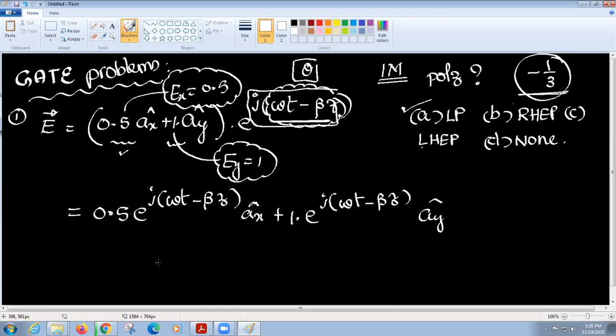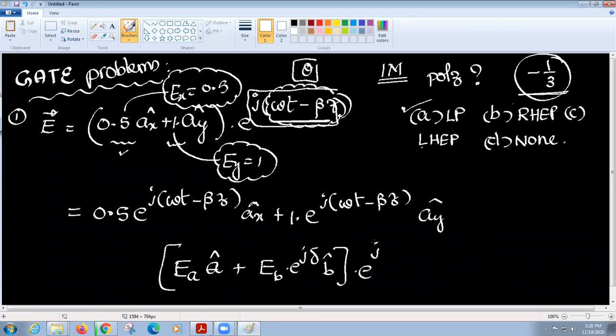You can compare with the original one, that is what you have, like Ea along a roof, plus you have Eb multiplied by e power j delta. Here you have e power j theta. This is the common phase, and you have the oscillations e power negative j k dot r. If it is e power negative j, it's going in the forward direction. So now you have e power j theta, but do you have delta here?